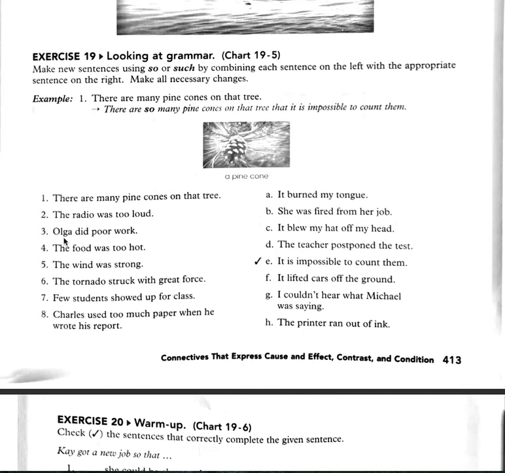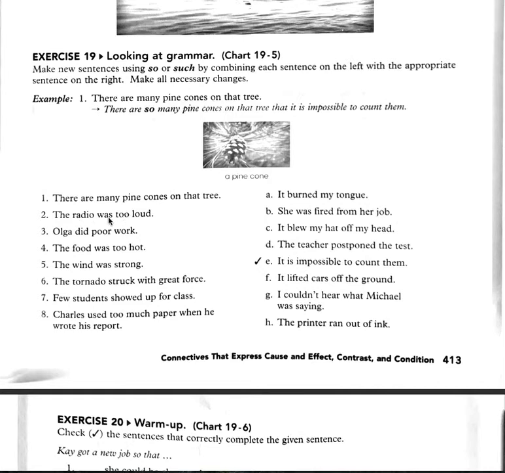And then that it is impossible to count them. Look at number 2. The radio was too loud. Okay? First, we have to find the sentence that's going to be matched with number 2 from A through H. So here, letter G. So we're going to put G over here. But do I use such or so?